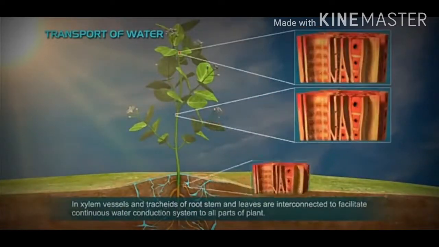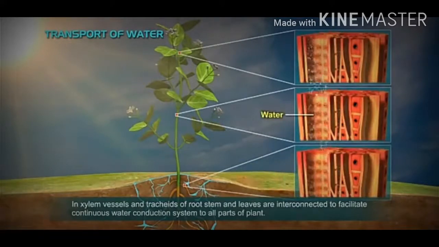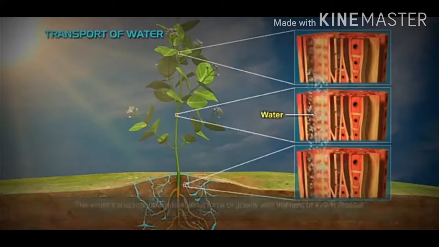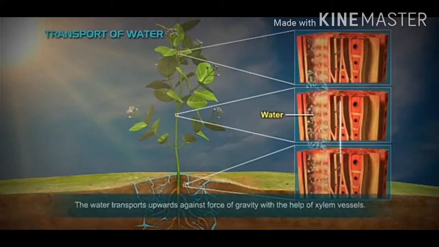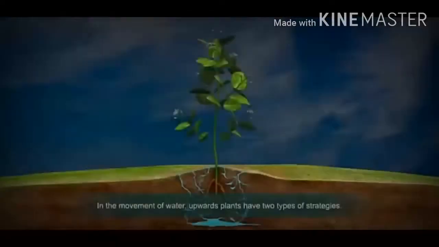In xylem, vessels and tracheids of the root system and leaves are interconnected to facilitate a continuous water conduction system to all parts of the plant. The water is transported upwards against the force of gravity with the help of xylem vessels.